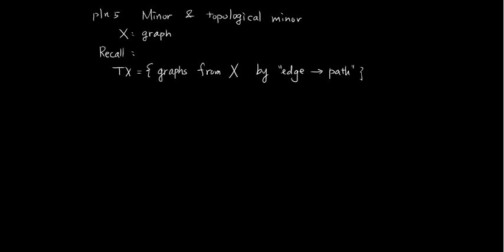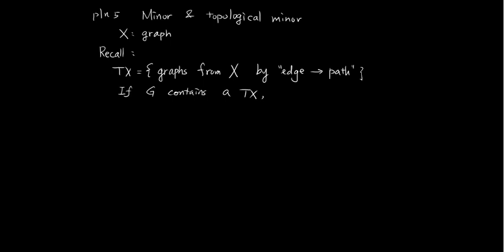So Tx is what you get starting from X by replacing any edge with a long path. It doesn't matter how long, and not replacing is also fine. That gives many different graphs, so Tx is a set of many graphs. Okay, and we say G contains a Tx, and this means that you have a subgraph that is an element in Tx. We'll show you an example later.